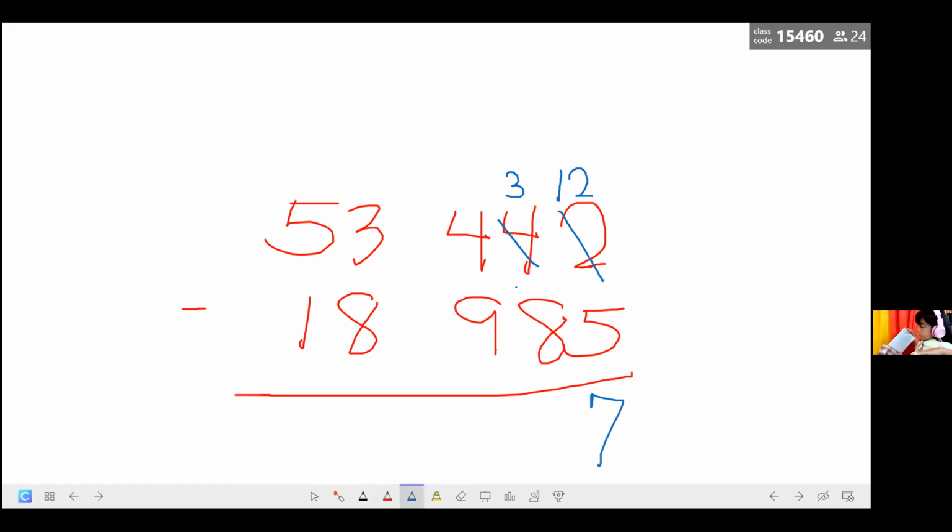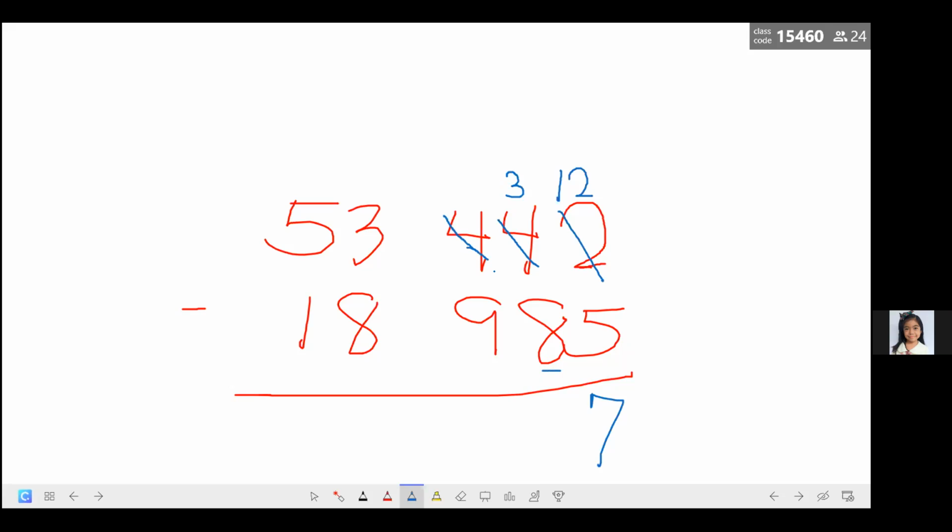Now let's move on. 3 in the tens place cannot be subtracted by 8, correct? So we regroup. What number are we going to regroup? The 4 in the hundreds.